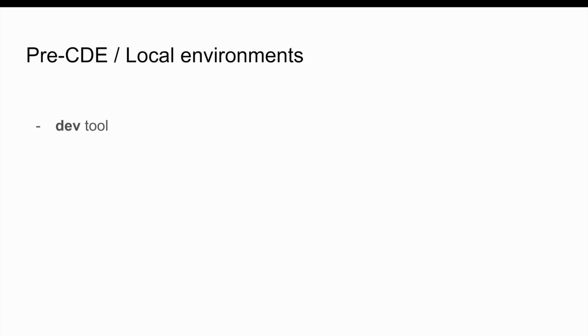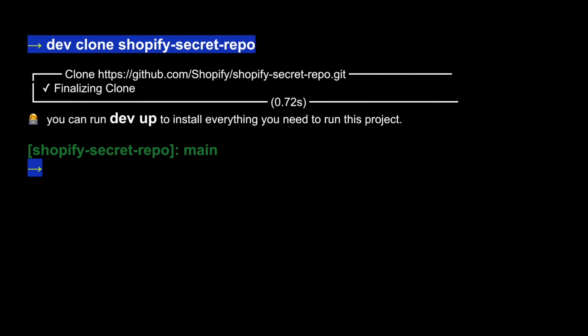To show you how intuitive this tool is, let's imagine it's your first week at Shopify and you got an important task to fix something on a very secret repository. You don't know what's inside of this repo yet, but you know that the first thing you need to do is clone it, and there's not much logic behind it. It just clones it from GitHub.